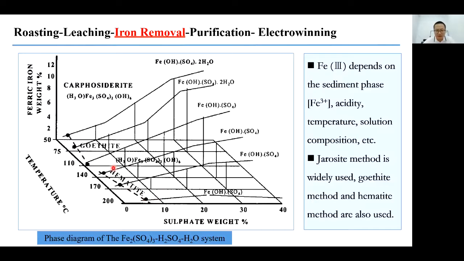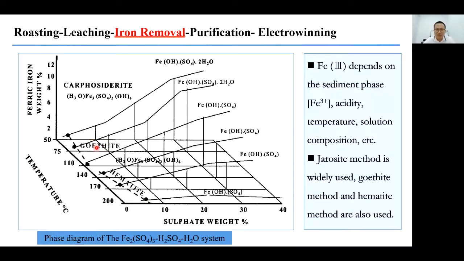And if we are aiming at hematite, the temperature should be above 100 degrees C. So autoclaves are needed. So for hematite, low ferric iron content, low sulfuric acid, and high temperature are needed.